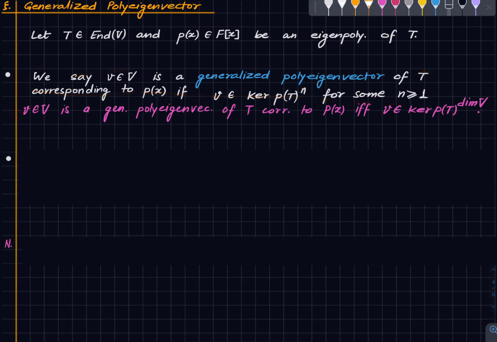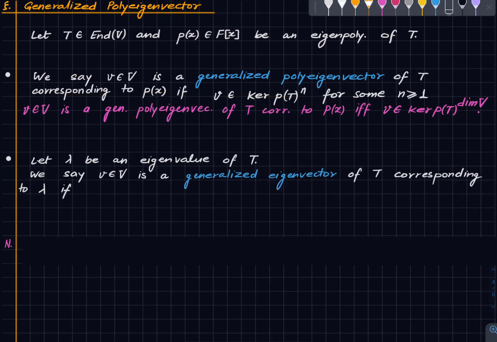All right. One instantiation of the above definition is the following. Suppose lambda was an eigenvalue of T, then this would be an eigenpolynomial of T. Then the corresponding generalized polyeigenvectors are called generalized eigenvectors.